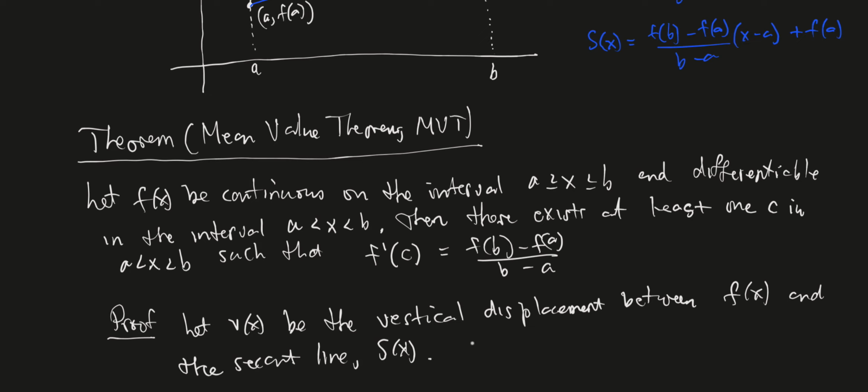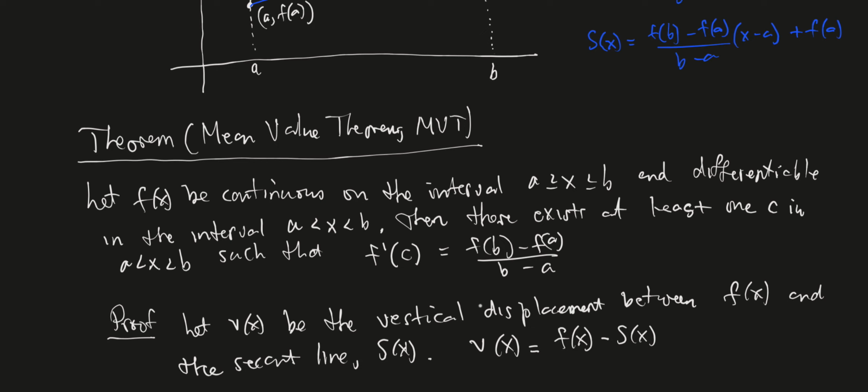In other words, we're going to define this new function v of x to be equal to my curve minus the line.